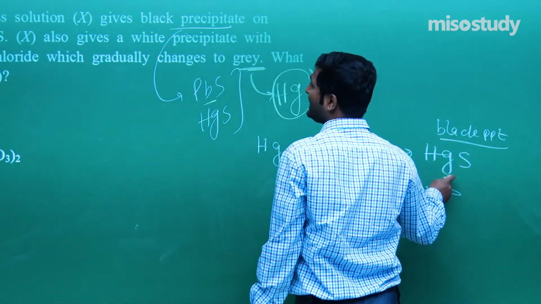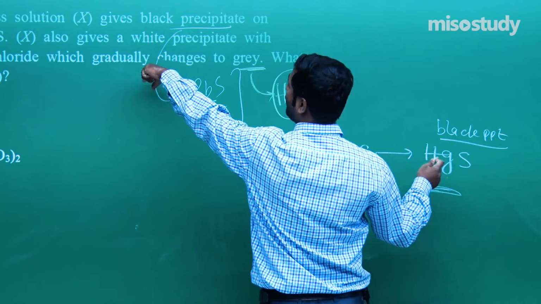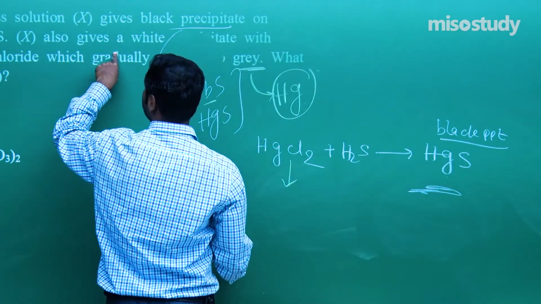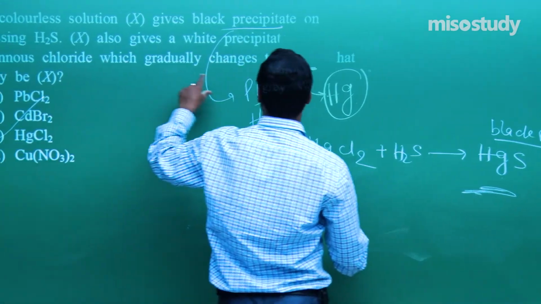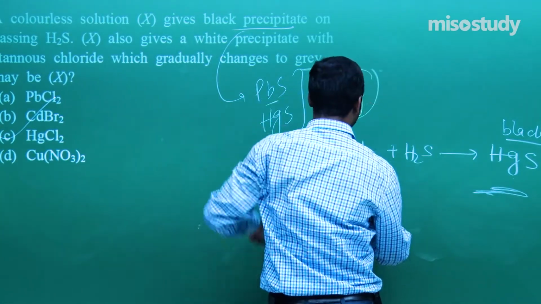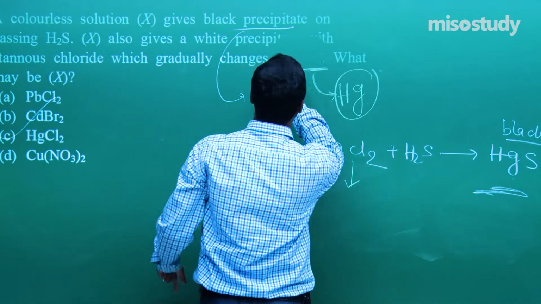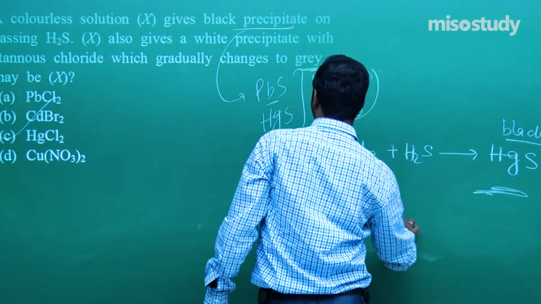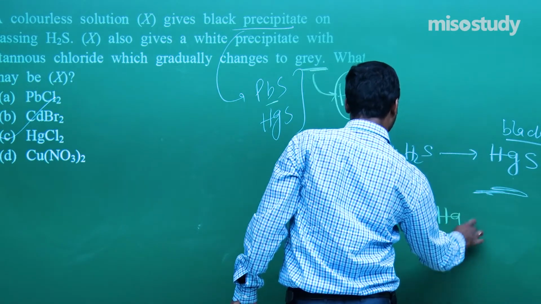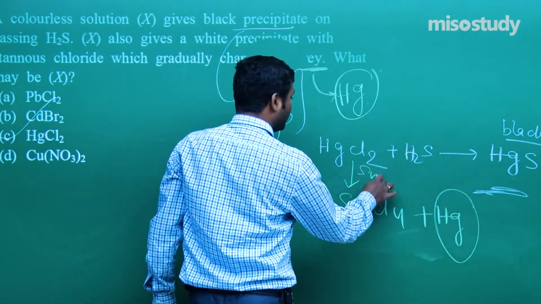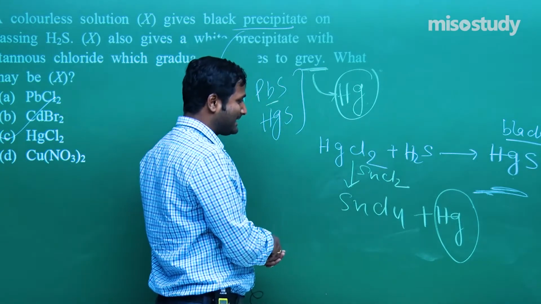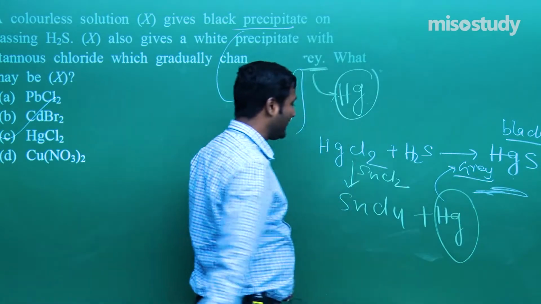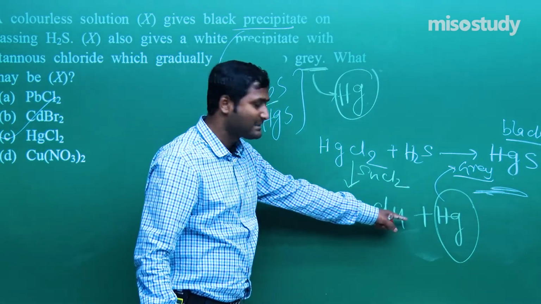Now X also gives a white precipitate with stannous chloride, which gradually changes to gray, because it will form SnCl4 and the release of Hg takes place. That is, on treatment with SnCl2, SnCl4 plus Hg, and we know this is gray in color. Remember this.